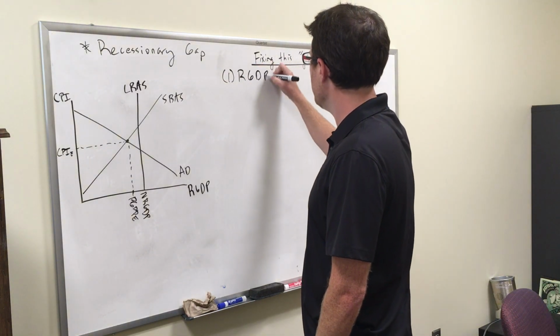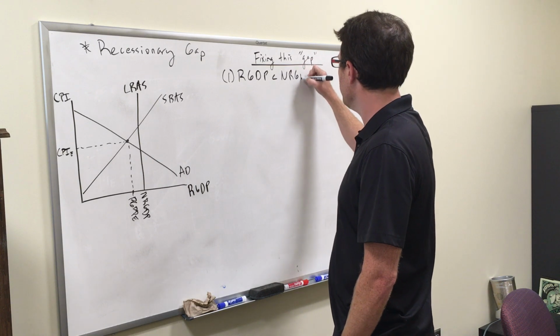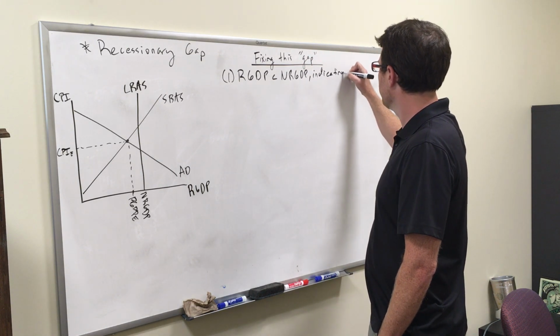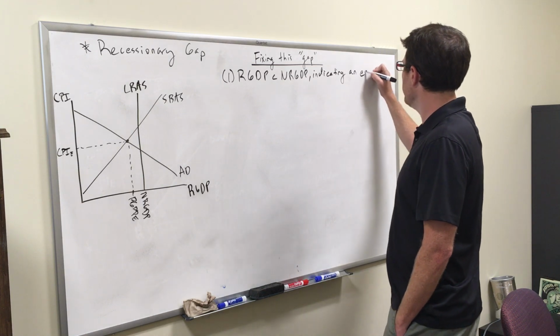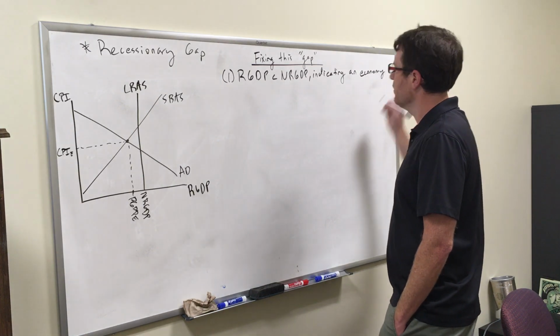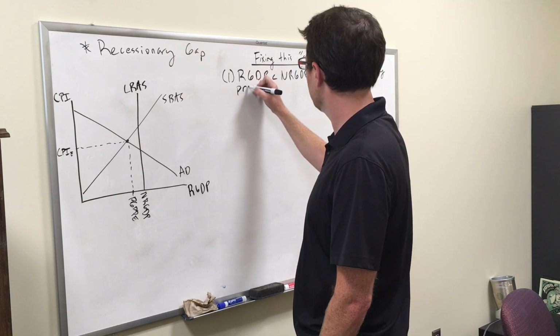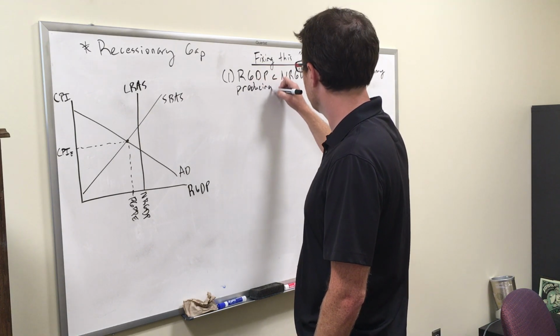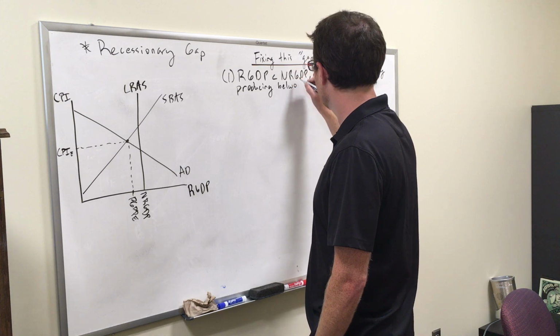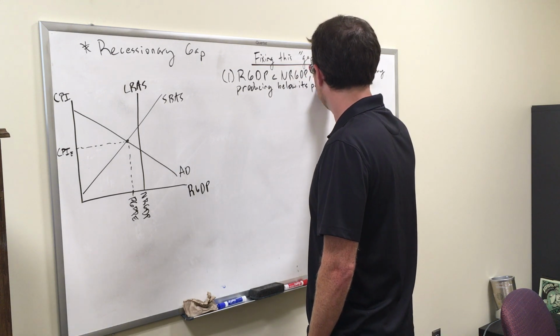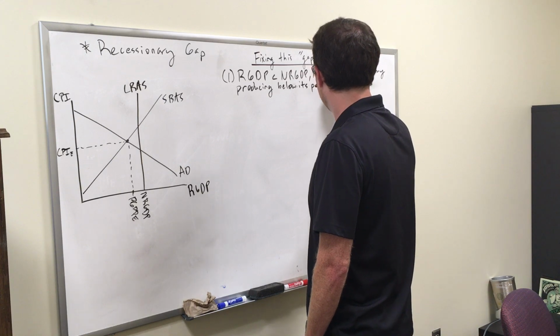Currently, the real GDP is less than the natural real GDP, indicating a weak economy. Specifically, an economy producing below its full potential. Okay?